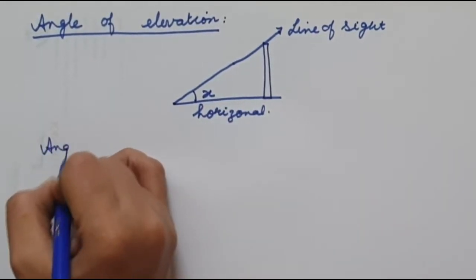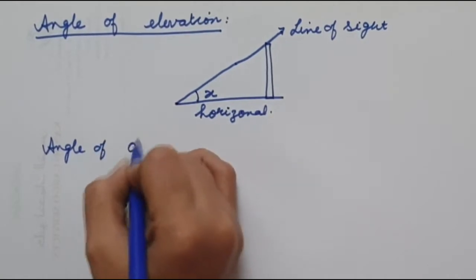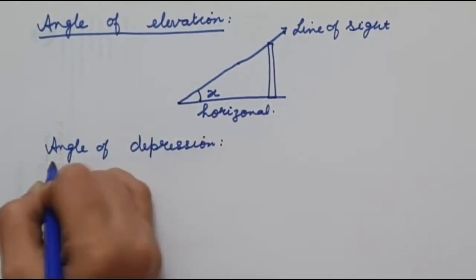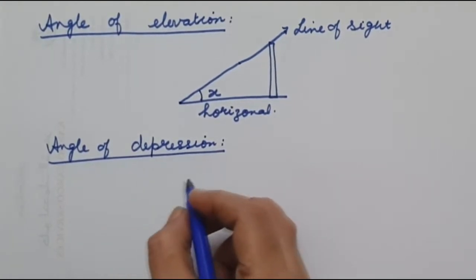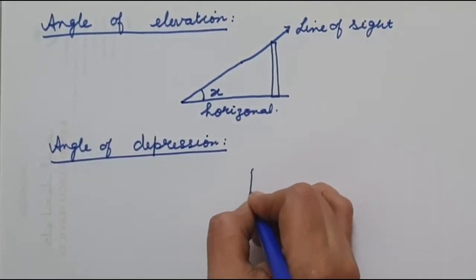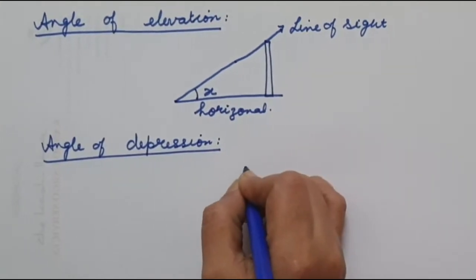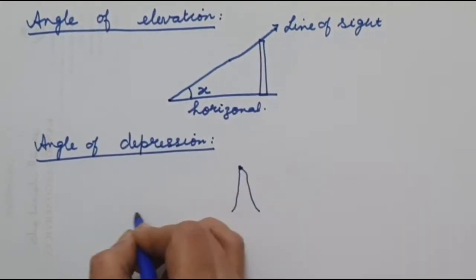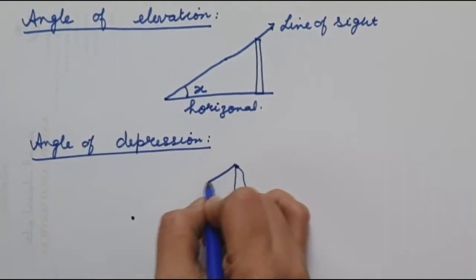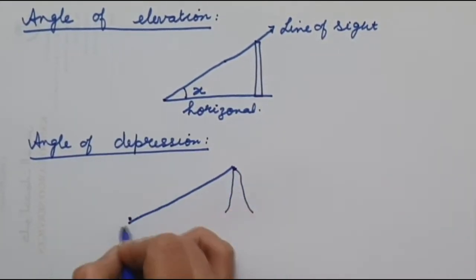The next thing is angle of depression. That is, we are standing on a mountain top over here, and if you are going to look at something down over here, then this we are looking down.